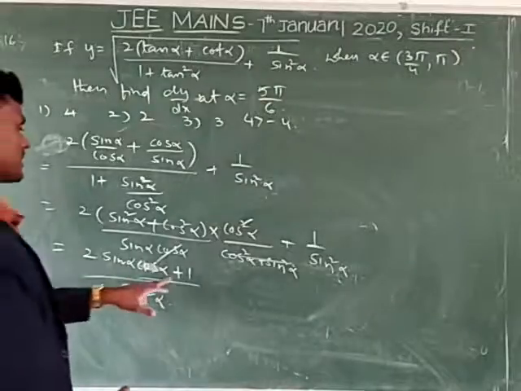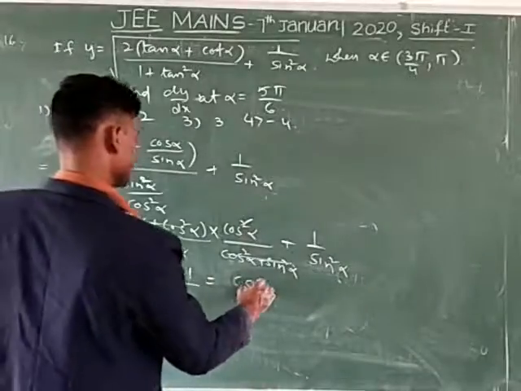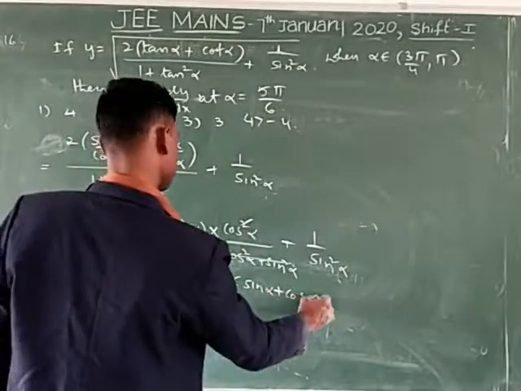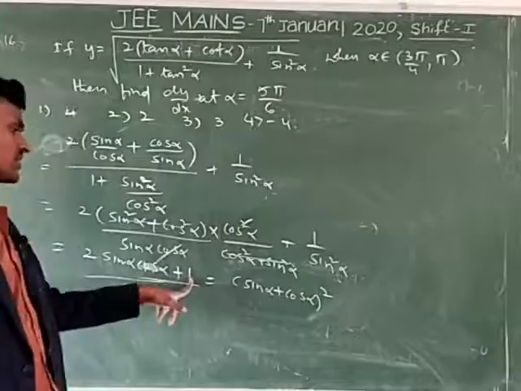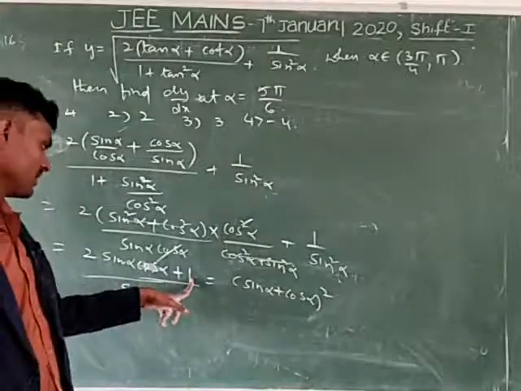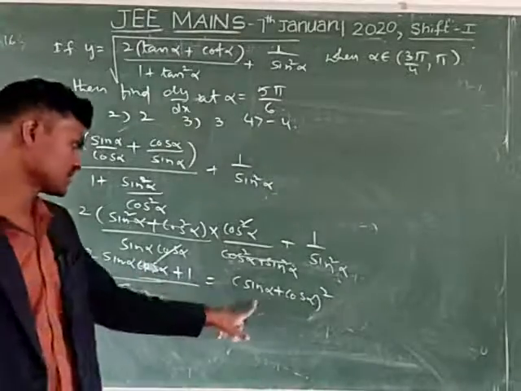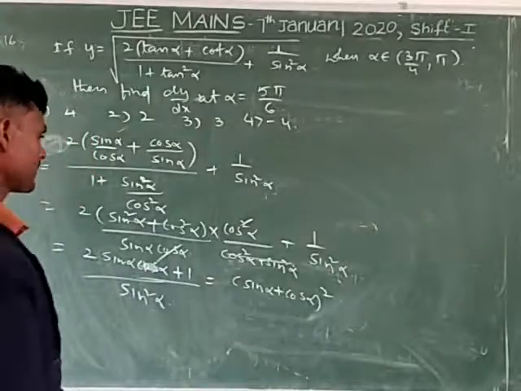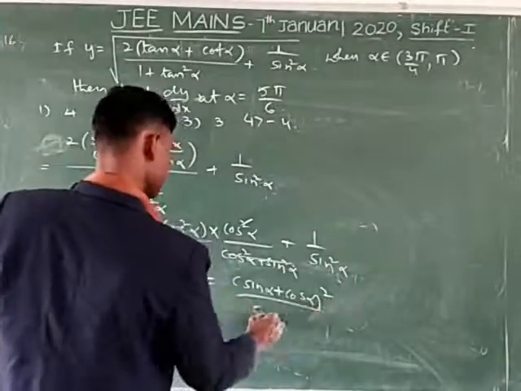Now this one is written as (sin alpha plus cos alpha) whole square. Why? Because this is sin square alpha plus cos square alpha plus the 2ab term. Then you write (sin alpha plus cos alpha) whole square by sin square alpha.